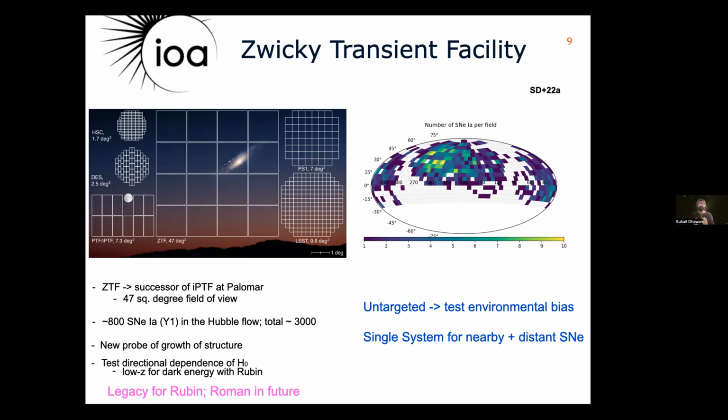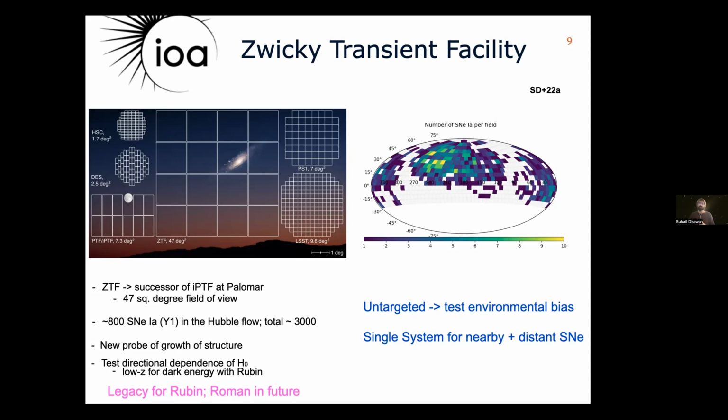So it's an incredibly rich data set, both statistically, but also because it is untargeted. We do not have a pre-selection for which host galaxies we follow the type 1a supernovae in. So we can actually get an unbiased estimate of the underlying environmental distribution. I'll show in the next slide why this is extremely important given the current debates in the type 1a supernova literature.